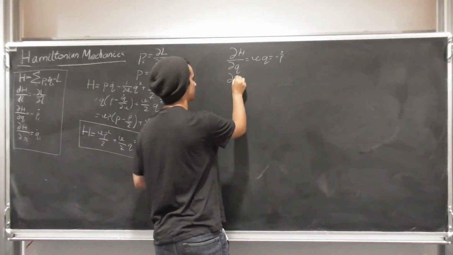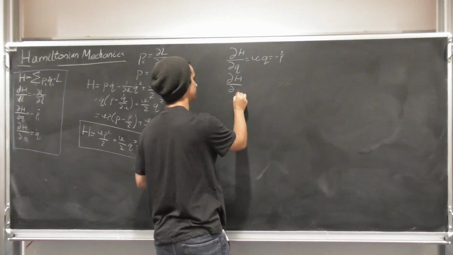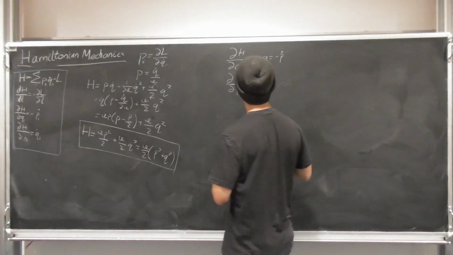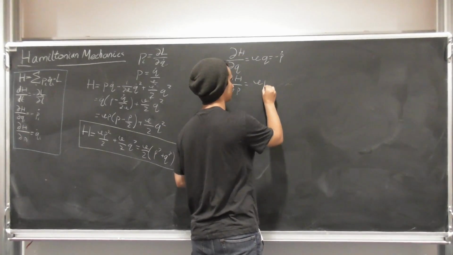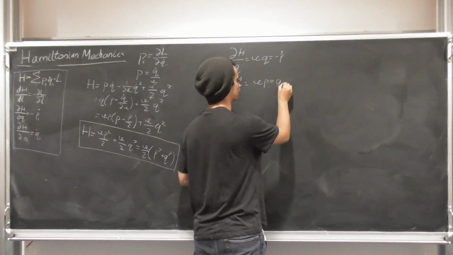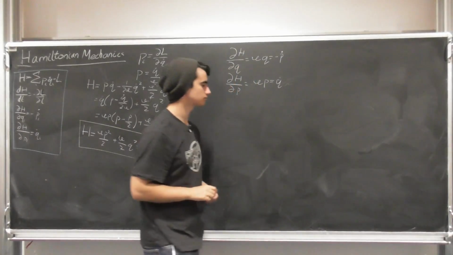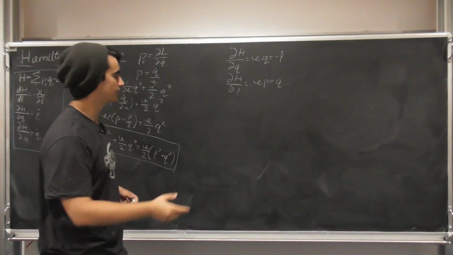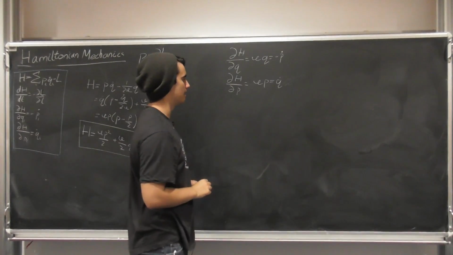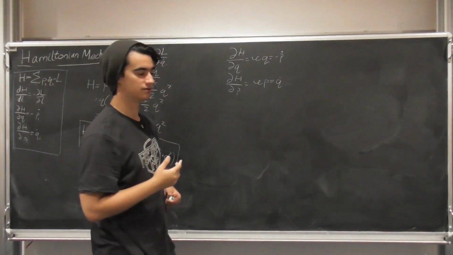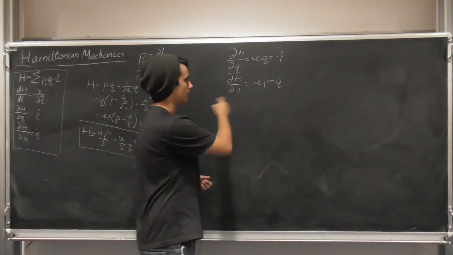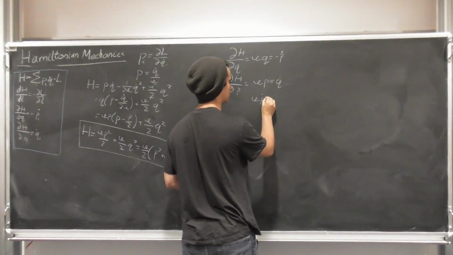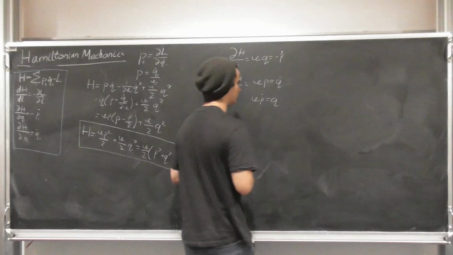And similarly, partial H partial p, bring the 2 down, we'll get omega times p is equal to q dot. Okay, so now we can differentiate both sides of this second equation with respect to time.